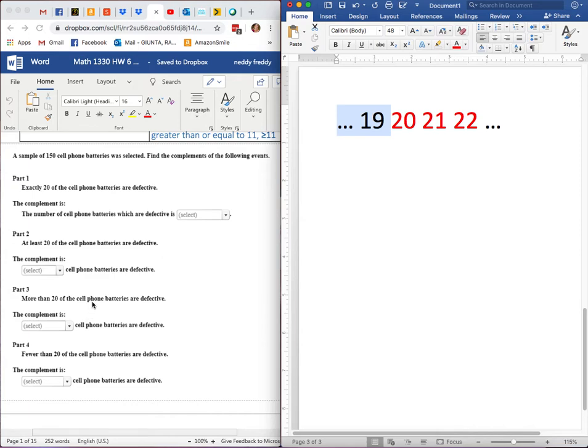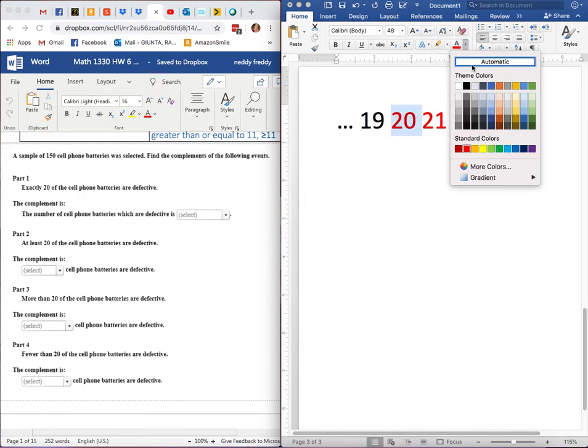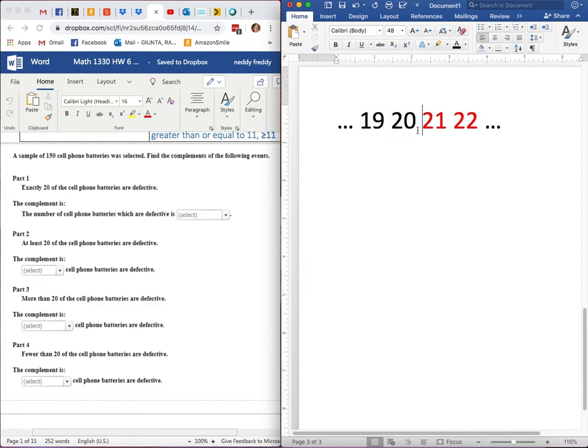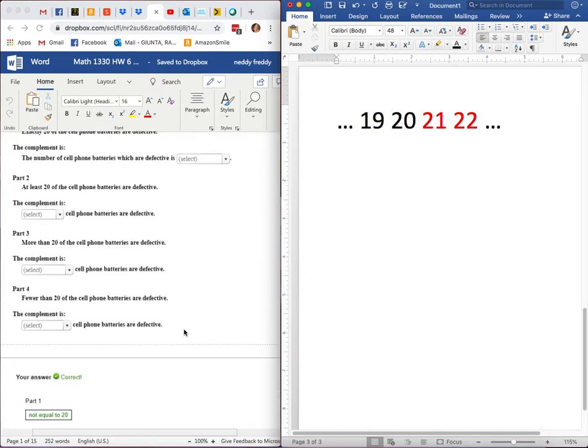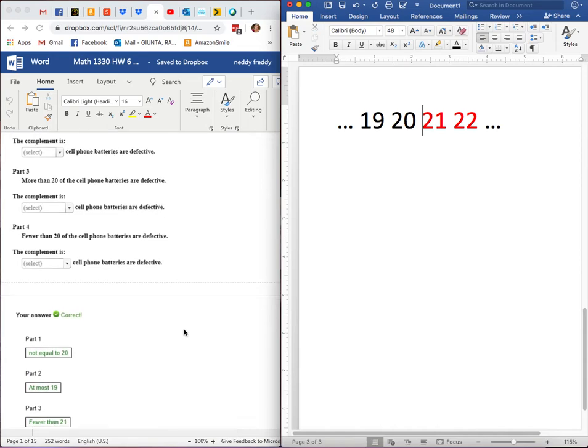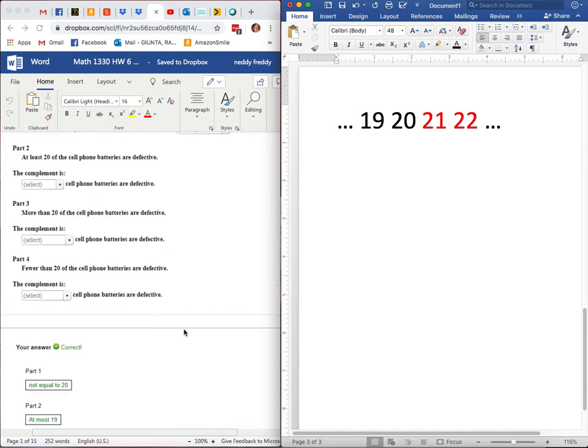For part 3, more than 20. Now, unlike at least 20, more than 20 does not include the number 20, because 20 is not more than 20, it's just equal to 20. And then I think they're going to change the wording for this one. So now we've got fewer than.